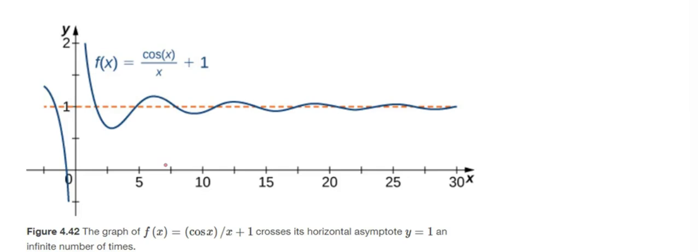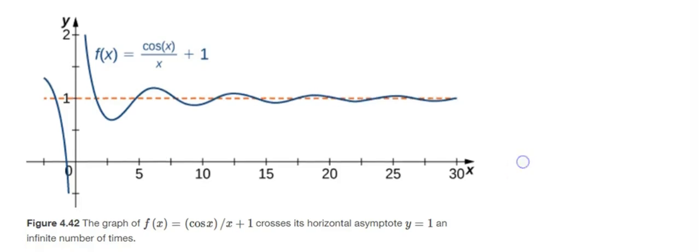But here in this example, you can see that the function actually crosses the horizontal asymptote many times, okay? Infinitely many times. So this is a funny function, cosine x over x plus 1. For these kinds of rare situations, here we could come up with a horizontal asymptote at y equals 1, but the function seems to oscillate up and down around 1, and its amplitude, the height of this wave pattern, reduces and gets closer and closer to the value 1.